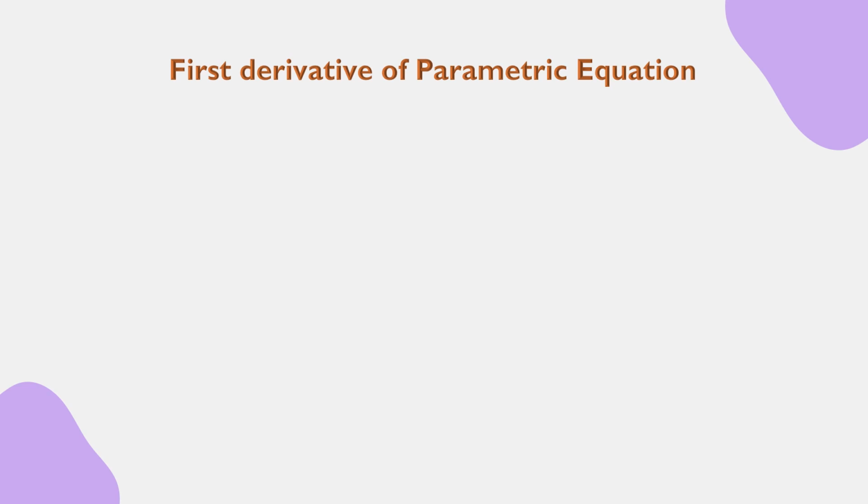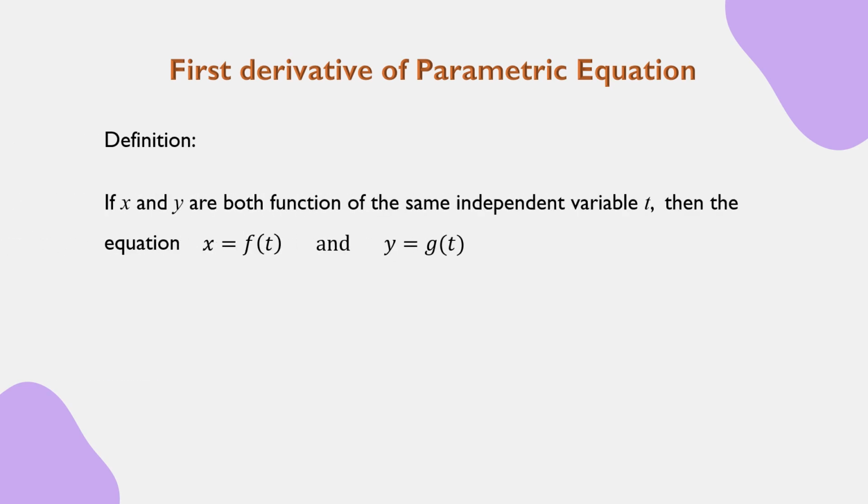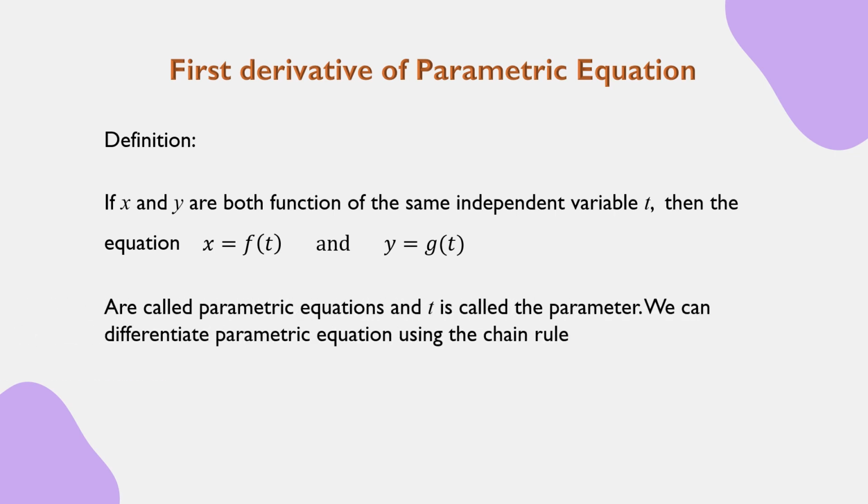First derivative of parametric equation. If we have two functions, x in terms of t and y also in terms of t, we call a parametric equation.